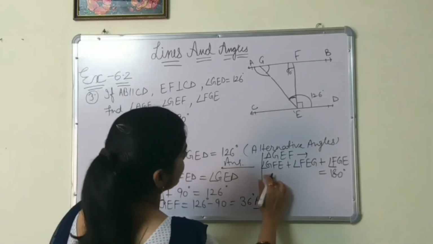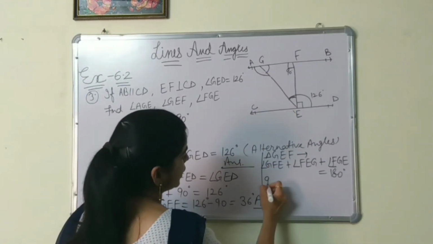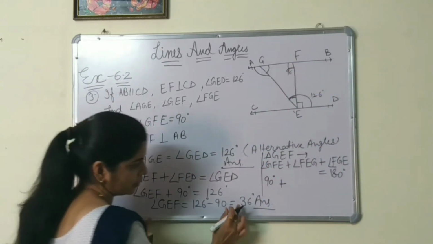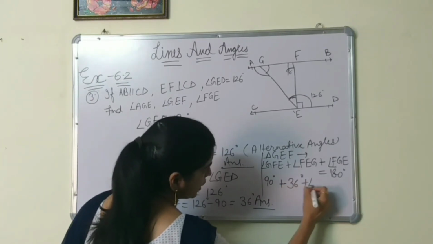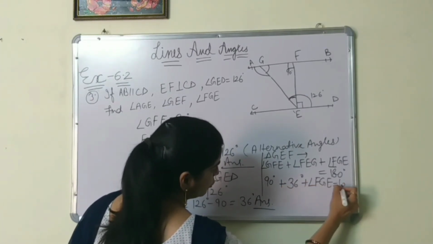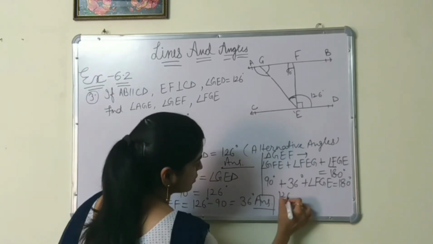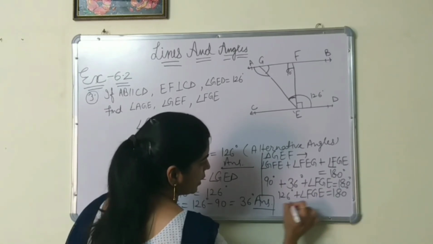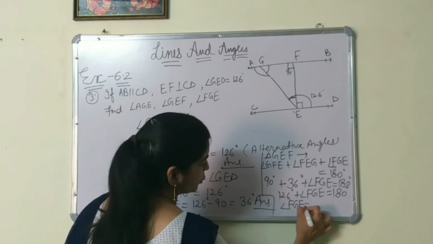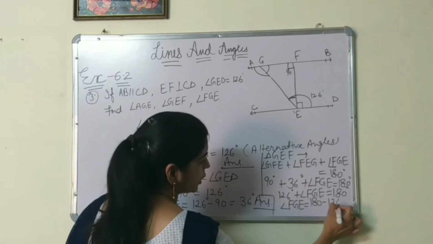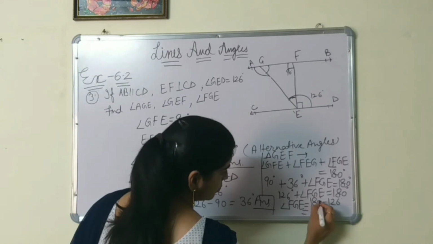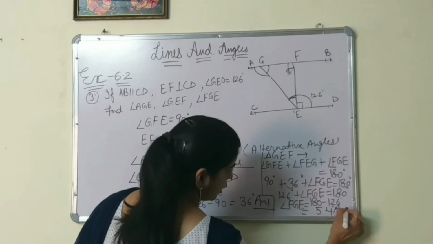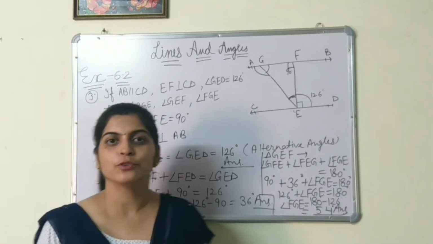Angle GFE is 90 degree plus angle FEG is 36 degree plus angle FGE will be equal to 180 degree, then 126 plus angle FGE equals 180 degree and angle FGE is equal to 180 minus 126 degree. It will be equal to 54 degree. Answer. Okay, that's all for today. Thank you.